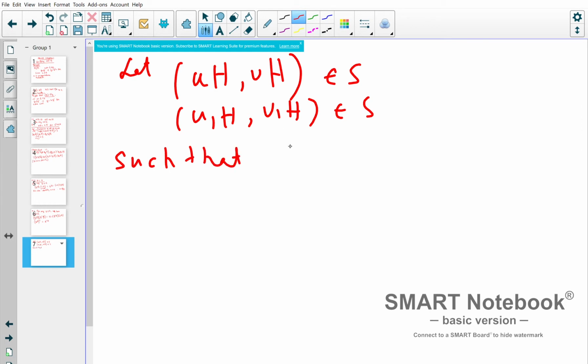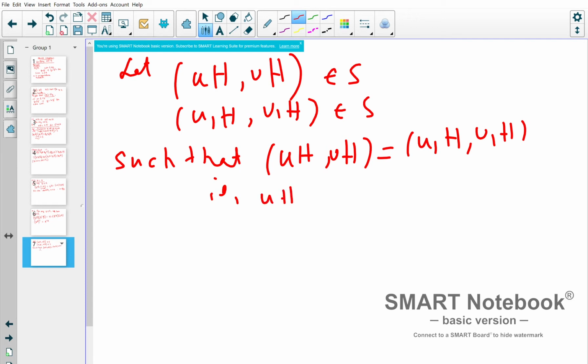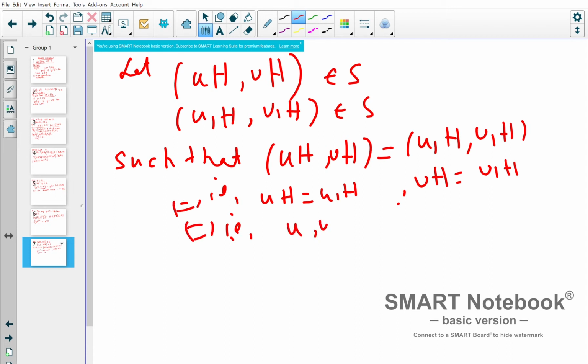What does that mean? Equal as a tuple means that each component is equal. That is, UH equals U1H and VH equals V1H. That is again equivalent to saying that U and U1 are both elements of UH. Similarly, V and V1 are elements of VH, the left cosets.